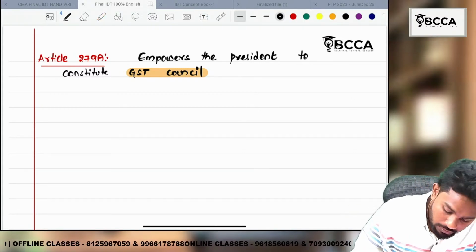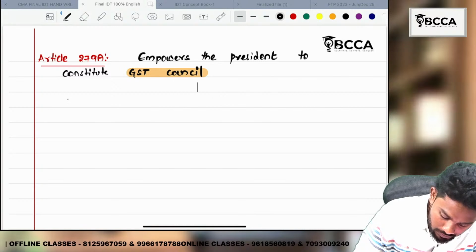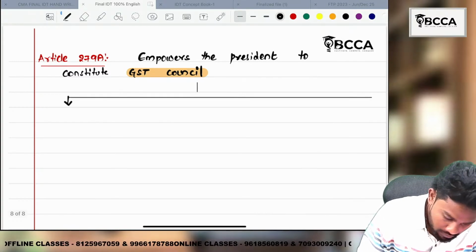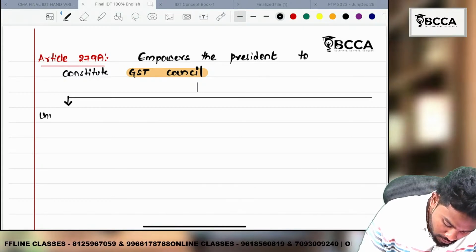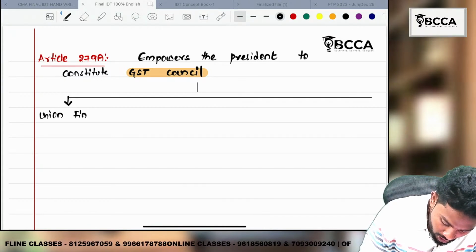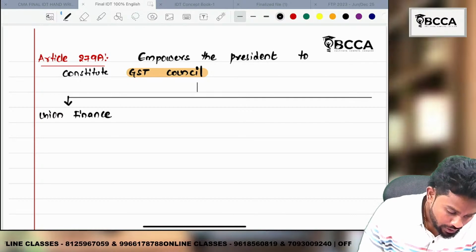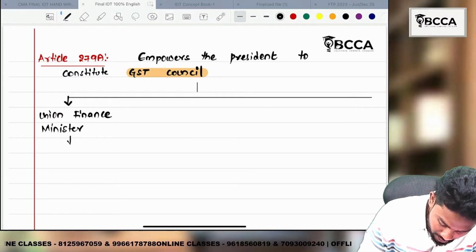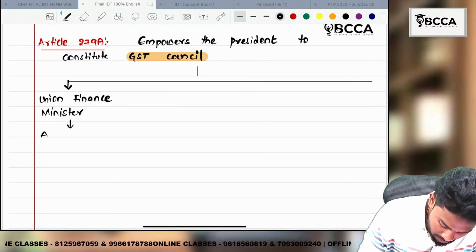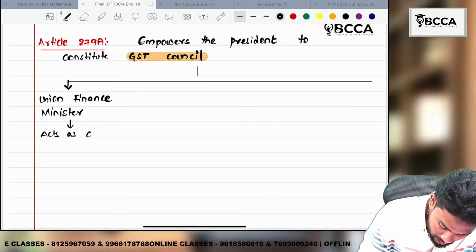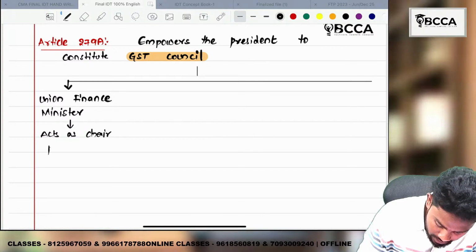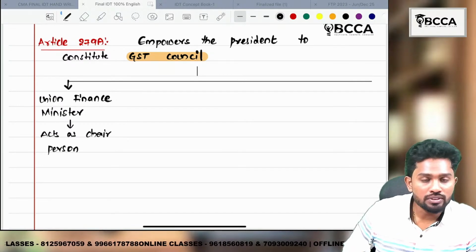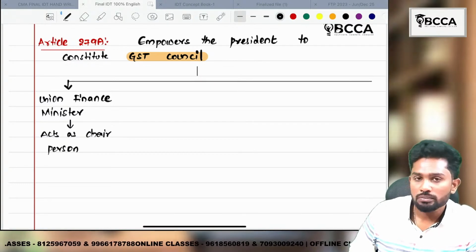It consists of the Union Finance Minister, who acts as chairperson. So who is the current finance minister? You already know.